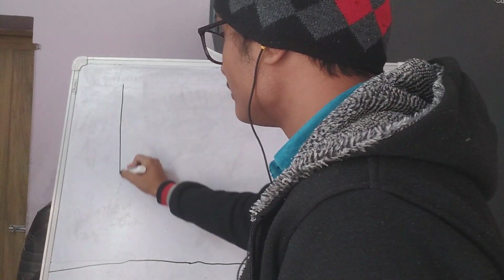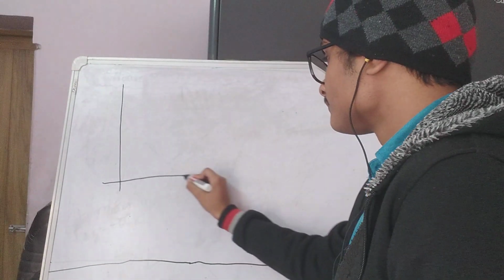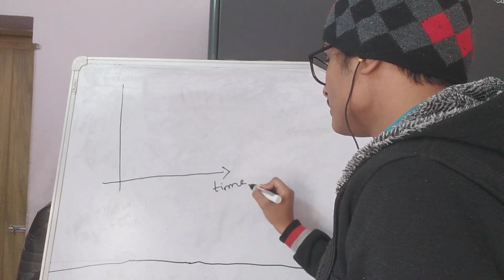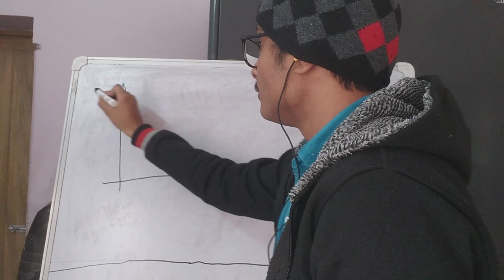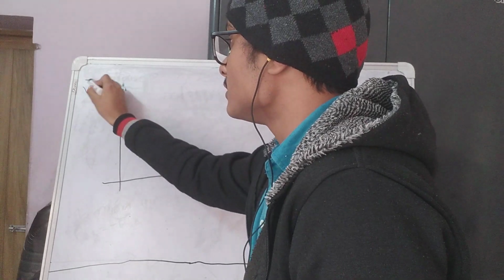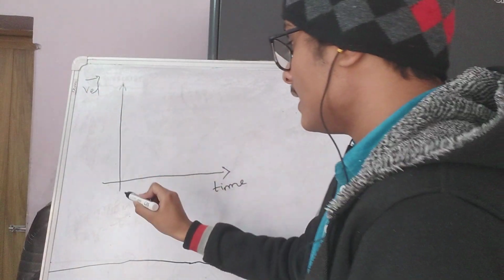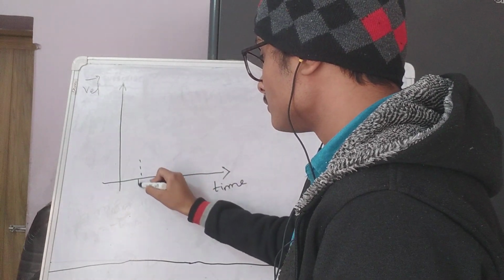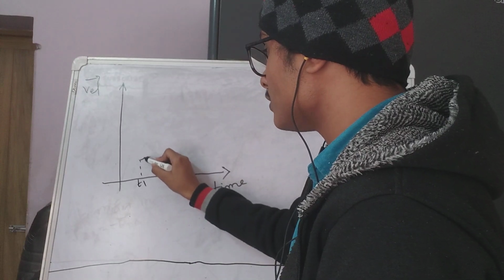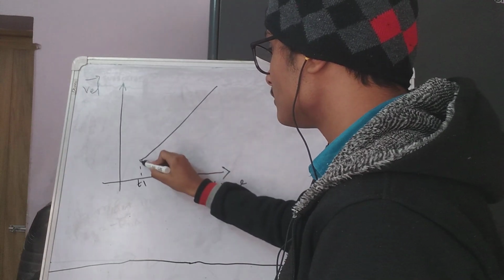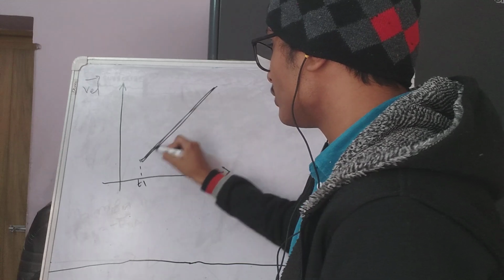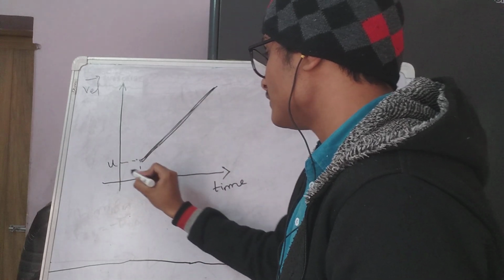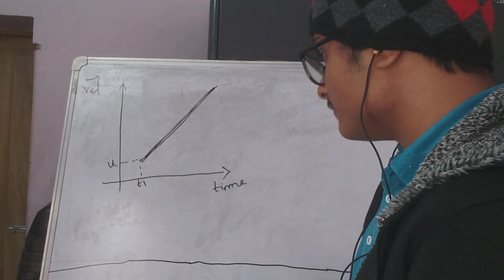So this is a graph. Here we take the time, and here we will take the velocity. At time t1, let the velocity be u. So this is a straight line. The drawing is not perfect, but yes, it is a straight line. Here the initial velocity is u at time t1.